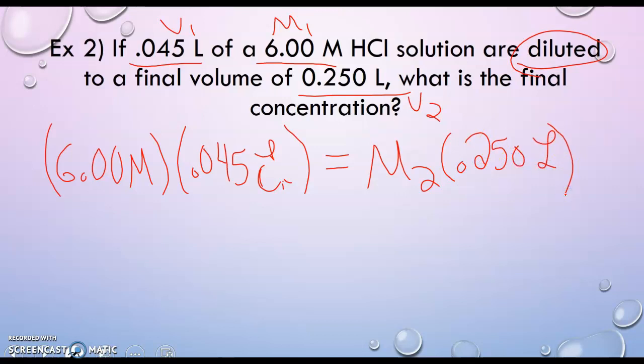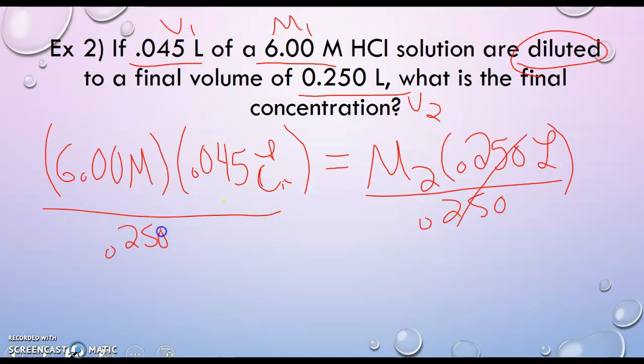Okay, to isolate M2, we have to divide by the volume. You'll notice that the liters cancel, so 6 times 0.045 divided by 0.25.